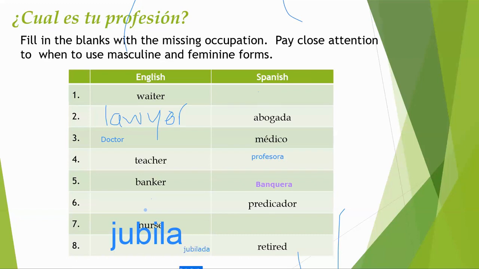What about predicador? And number 6 is lawyer, right? No, abogada is lawyer. What is predicador? Preacher. Preacher, right. Preacher is predicador. Okay? All right, let's move to the next slide.